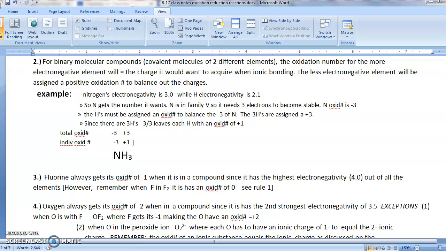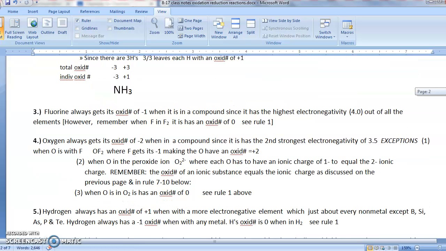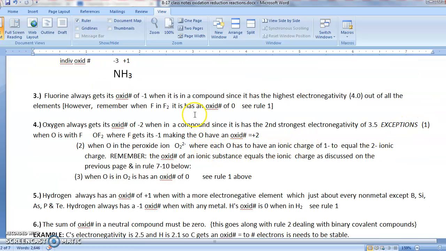We are not saying here that the hydrogens have had an electron ripped off. All we're saying is that 1 electron on each of the hydrogens is being hogged for a total of 3. Rule number 3. Fluorine always gets its oxidation number of -1. It has the highest electronegativity.